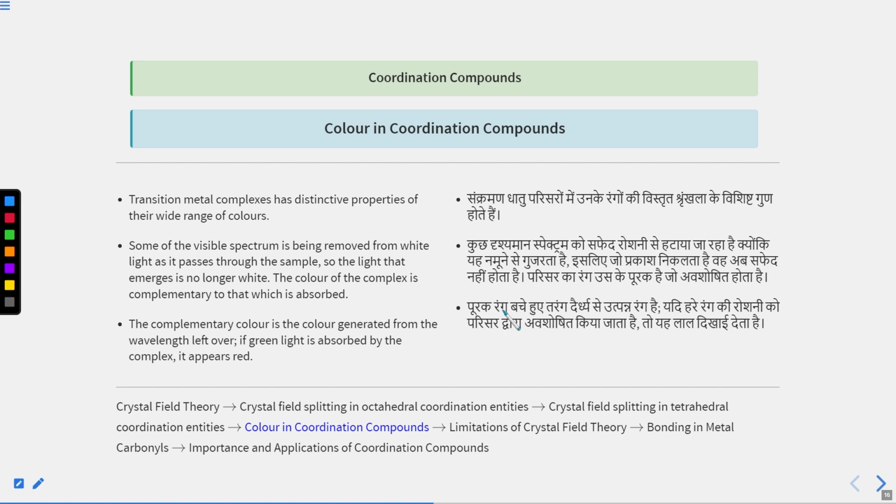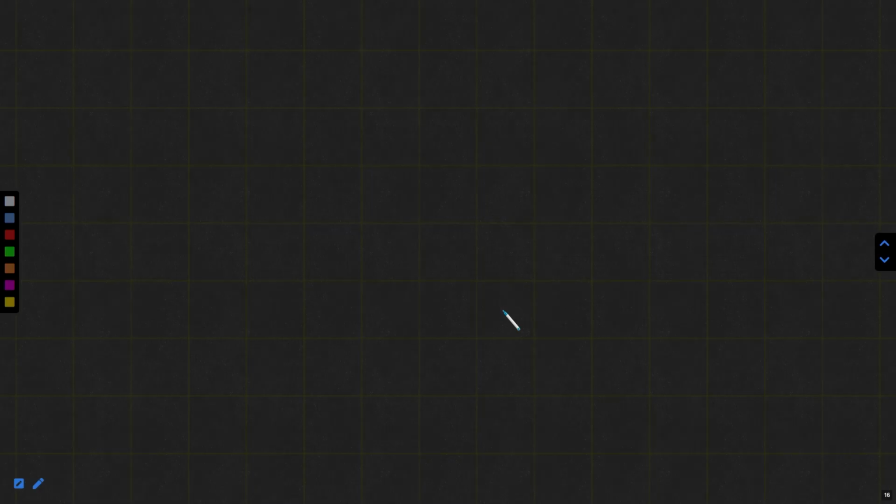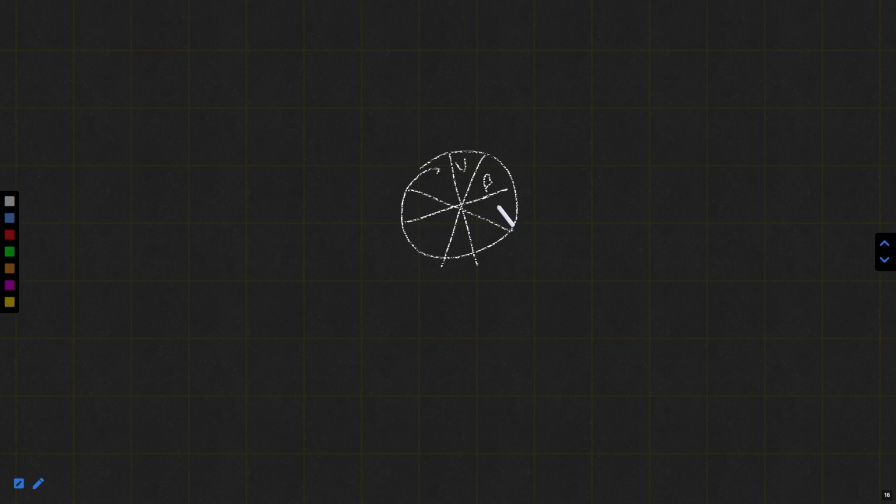Now, one very important thing. Suppose you know VIBGYOR. Suppose I draw it all in the form of a wheel. This is V, then indigo, B, G, Y. I've drawn an extra, so let me draw it again.